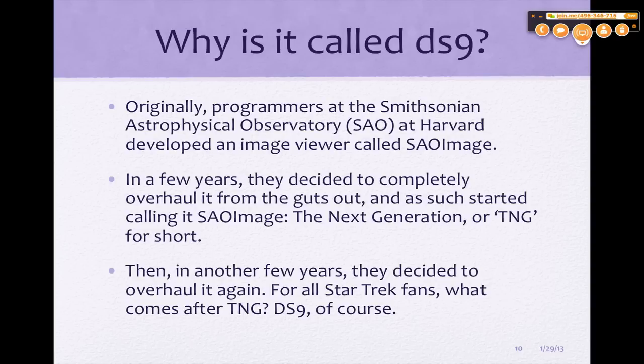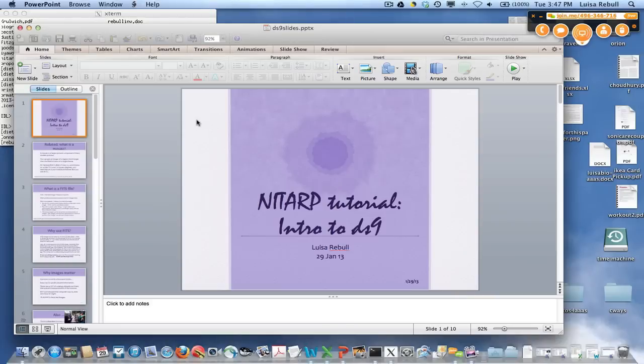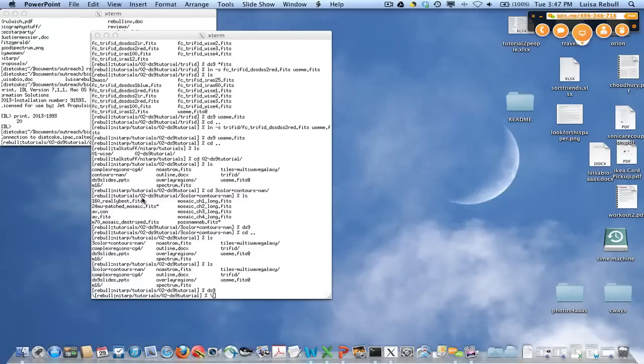Then in another few years, technology changed again, so they decided to make another overhaul. And what comes after TNG? DS9, because Deep Space Nine is the series that came out for Star Trek after The Next Generation. So that's the history of it. Okay? So hopefully it is not scary once you know that. Okay?